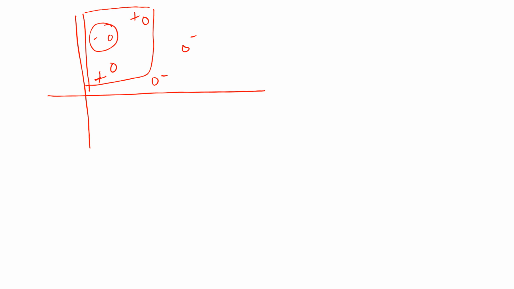So in this situation with 5 points, I can definitely show a number of combinations in which I'm not able to implement all possible dichotomies essentially. So I can say that this hypothesis is broken at 5, which means that m sub h of 5, where h is this positive rectangle, is less than 2 to the 5, right?